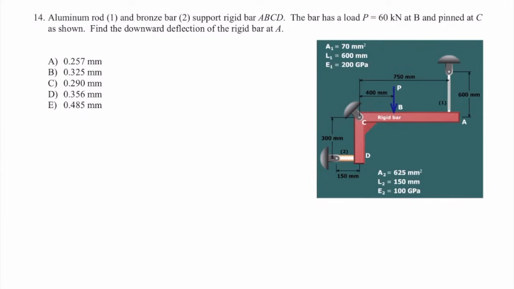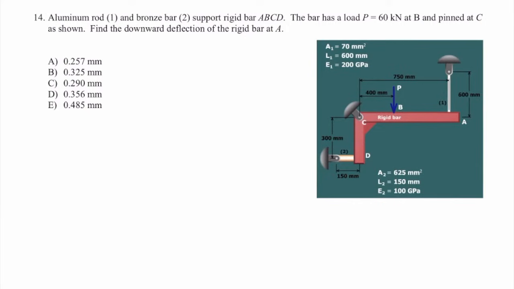If we ignore the restraints at A, we would have 2 unknowns which are forces in bar number 1 and 2, and we would have one equation which is sum of the moments about C. So that would be indeterminate problem.